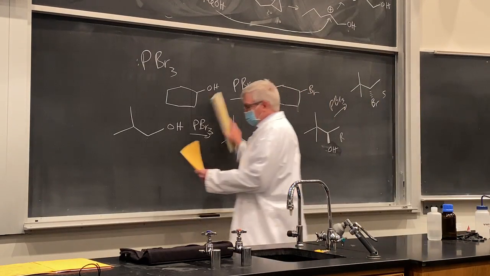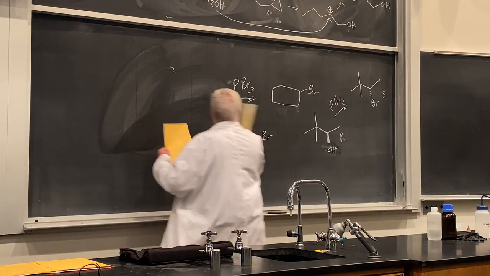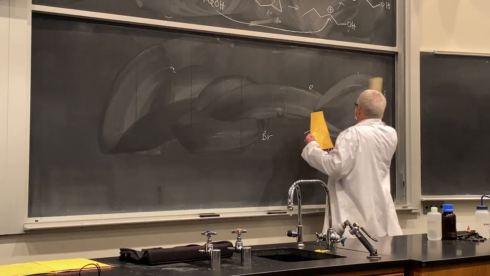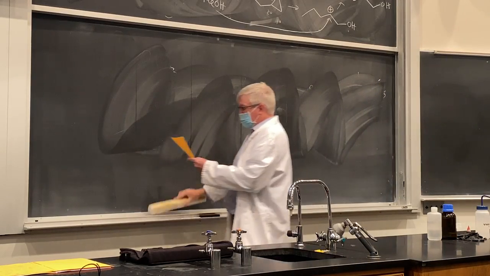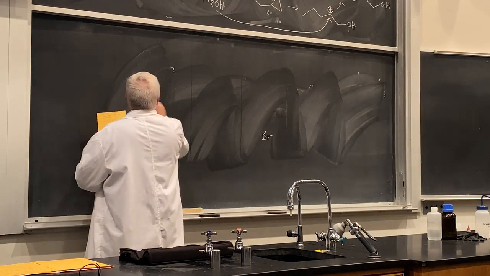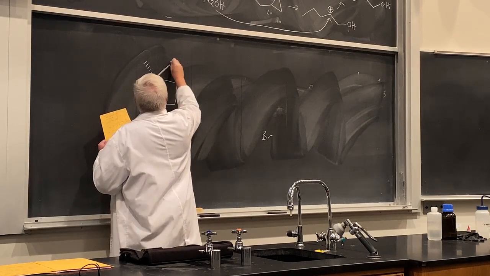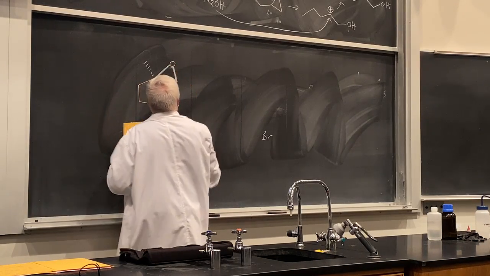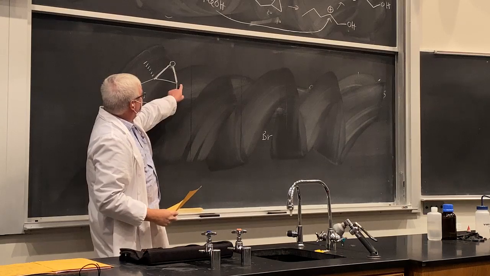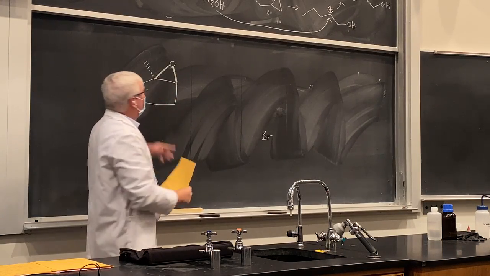And what do we got here? How about this one? So here's one where we've got an epoxide. And the epoxide has what? A secondary position and a tertiary position.